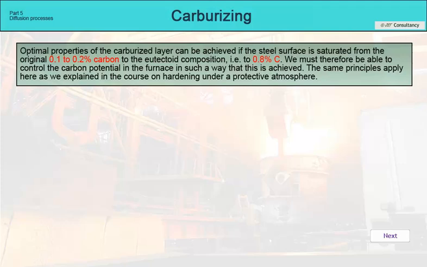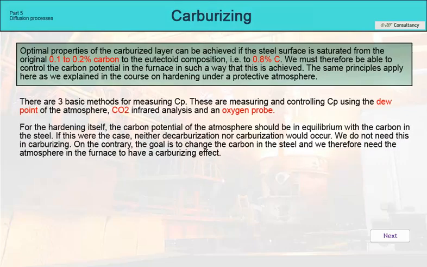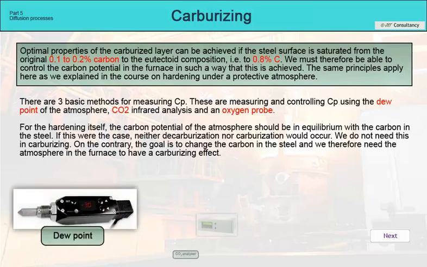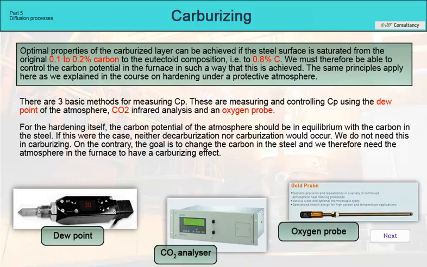The same principles apply here as we explained in the course on hardening under a protective atmosphere. There are three basic methods for measuring the carbon potential CP. These are measuring and controlling CP using the dew point, infrared analysis of CO2 in the atmosphere, and today the most common solution, measuring and regulating CP using an oxygen probe.